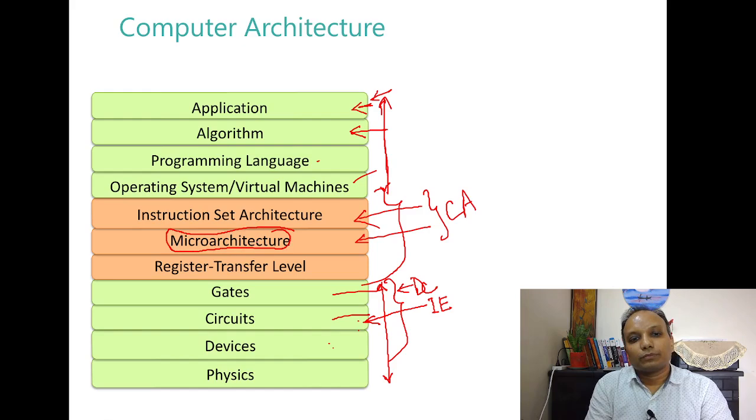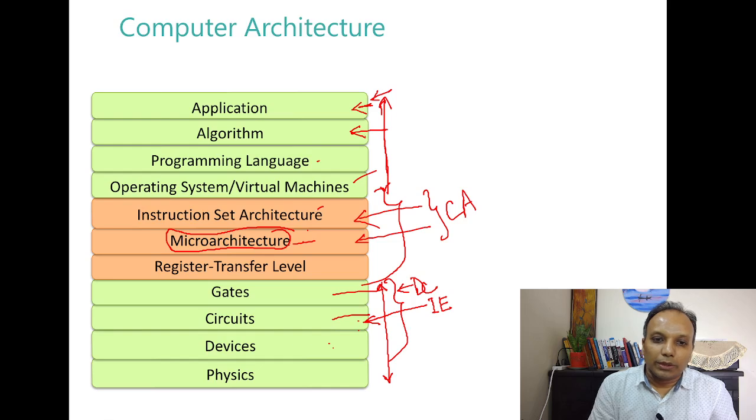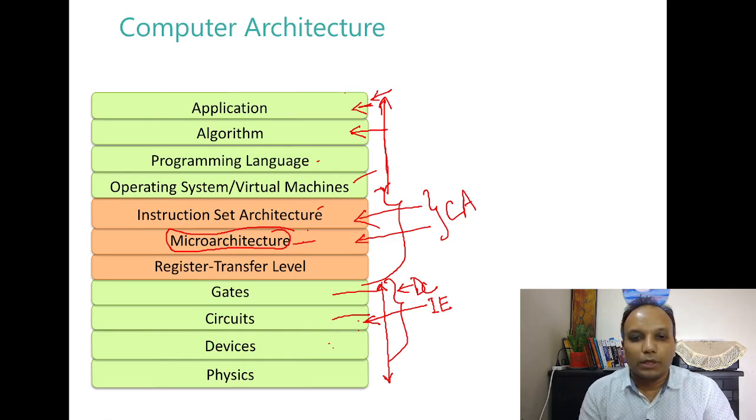All right. So, the microarchitecture essentially tells us how the instruction set architecture is actually implemented on the hardware. So, it is a bridge between instruction set architecture and the hardware. To some extent, register transfer level or RTL level is also part of this broad computer architecture abstraction layer.